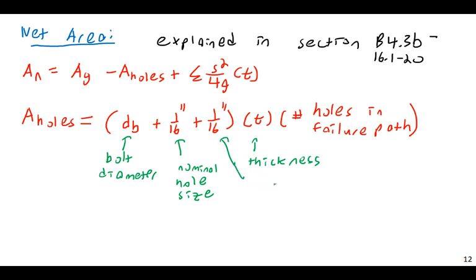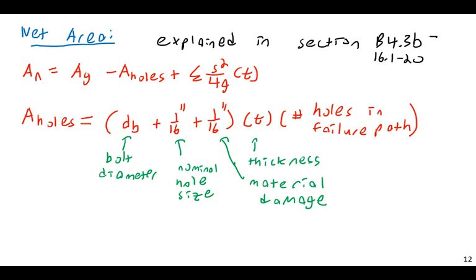So here's the thing. What happens if you have a 1-inch diameter bolt, and you drill a hole that is exactly 1 inch in diameter and try to put that bolt in there? It's not going to fit. You need to make sure your bolt hole is slightly larger than your bolt.